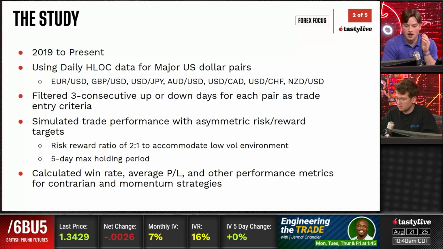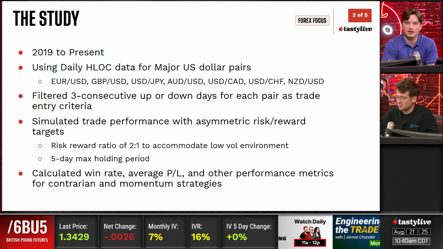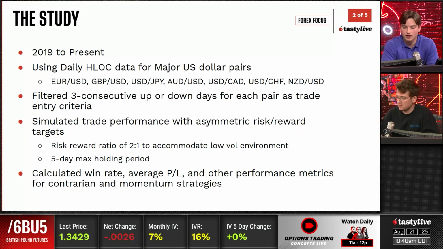I think I used 0.5% as a profit target and 1% as the stop loss in each of these pairs. So you're going to get a little boosted win rate. Exactly. But it'll be interesting to see how it affects the P&Ls. And for here, just looking at a 5-day max holding period, so 1 trading week, if you're looking at these trending markets, which works better over the shorter term horizon, and calculated a ton of metrics.